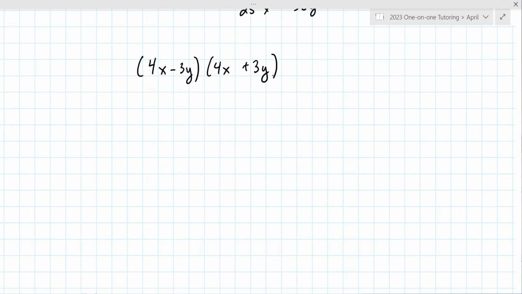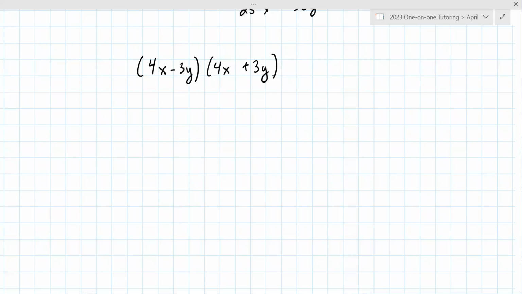You got 4x times 4x is 16x squared for the F, and then bring it out on the outside, that would be 12xy. And then the insides are negative 12xy.